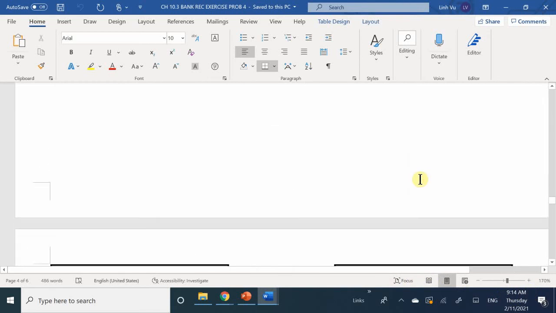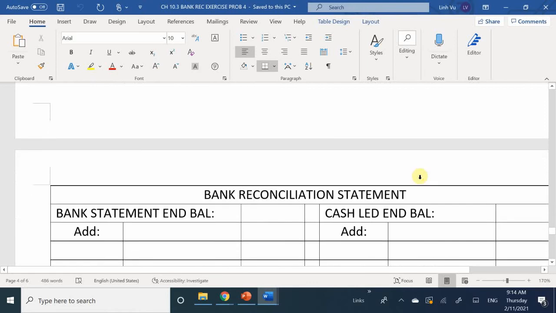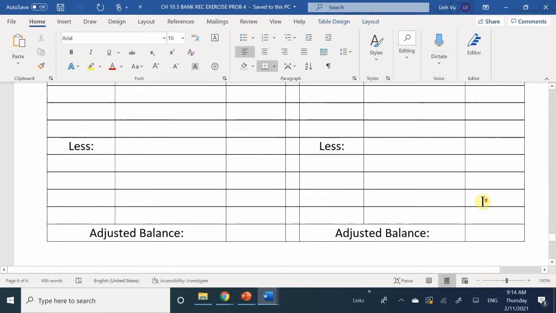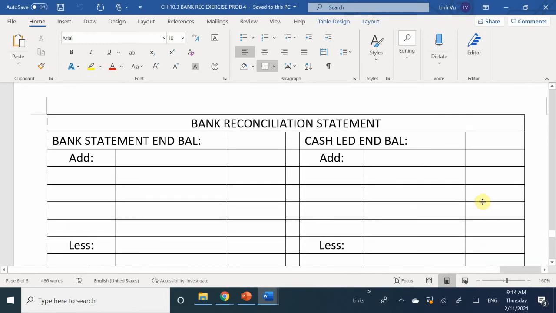All right, and then of course, I have my table here. So what side do you want to work on first? Cash. You want to work on cash first?